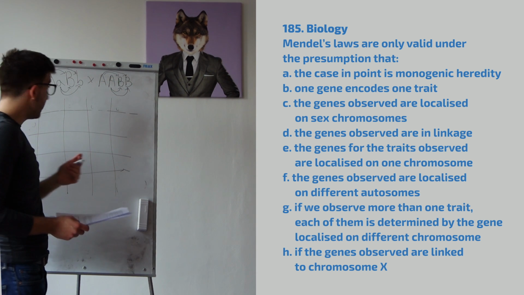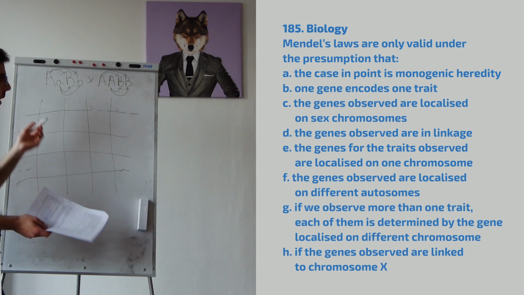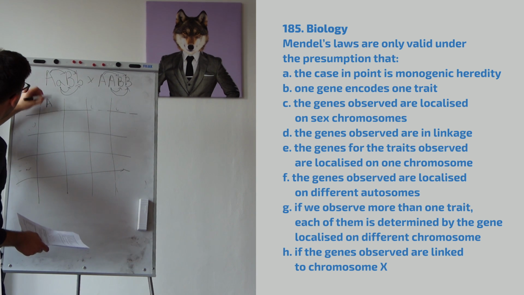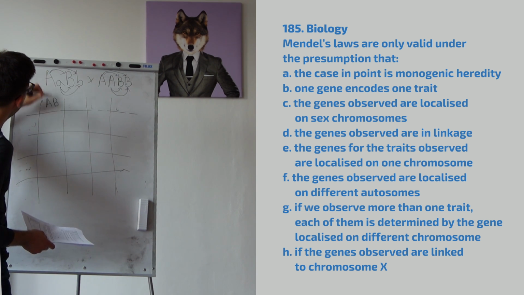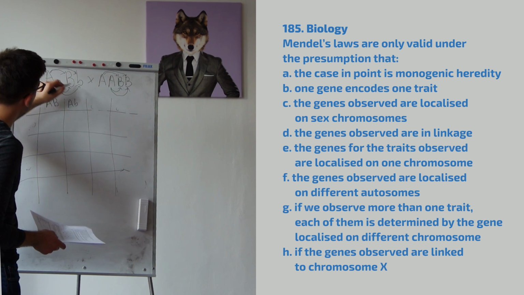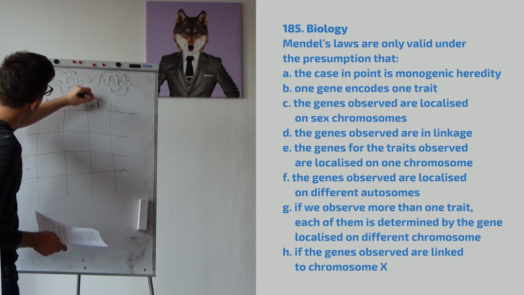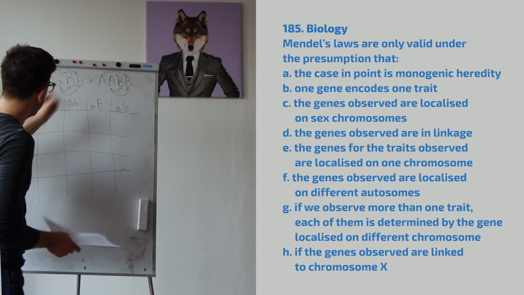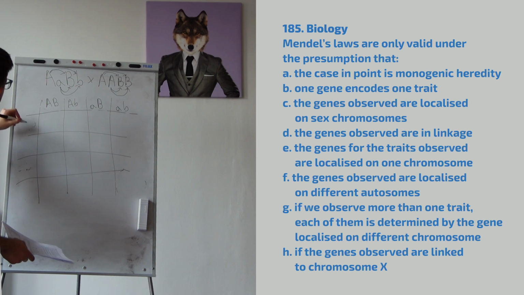Then you have all the possible combinations. So if you write these on the top, we're going to have here all the dominant ones. Big A, big B, big A, little b, little a, big B, little a, little b. And then here on the side, we're basically just going to have the same thing over and over again.